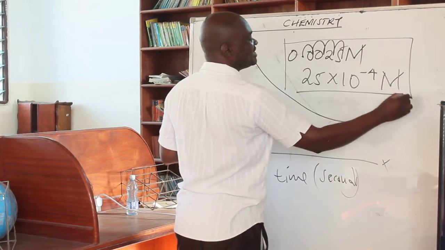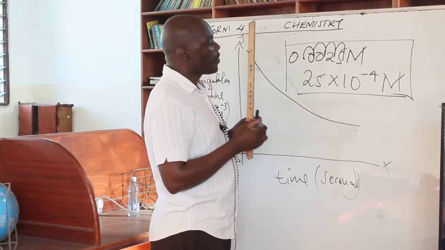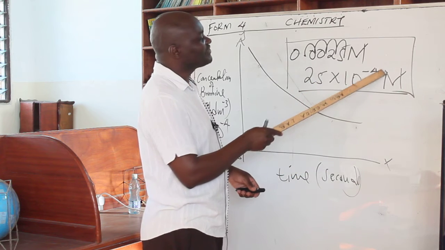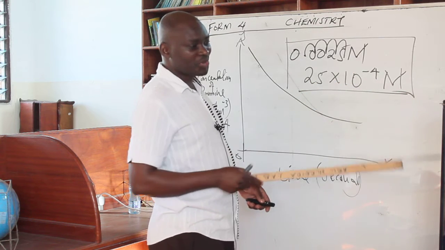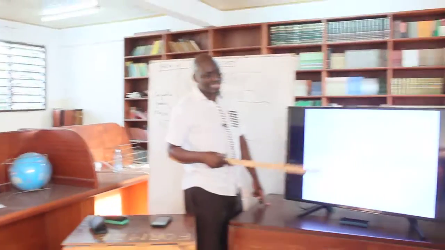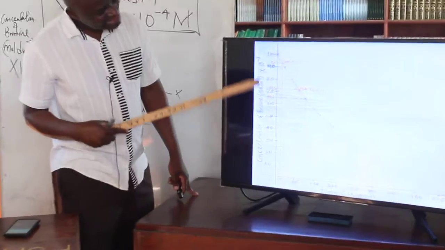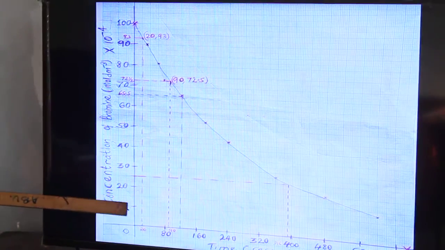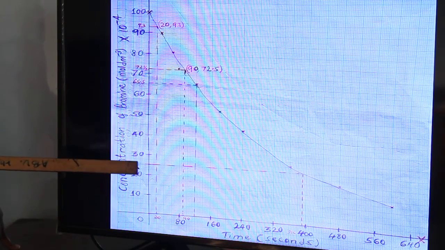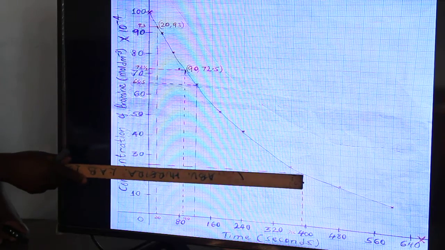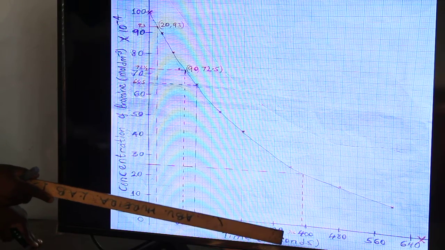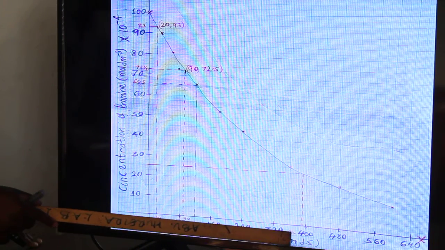This one is what you will read from the graph, because the graph is 10 to the power negative 4. So you check 25 times 10 to negative 4. 25 is between 20 and 30, so we have 25 here. Then you put your ruler, draw a dotted line, drop it down, and read.